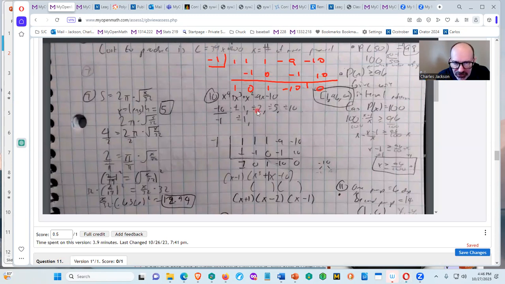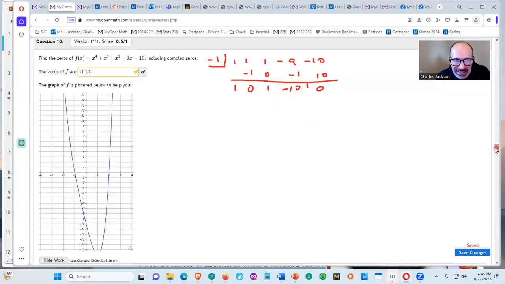Yeah, and there's the 2, which tech is indicating is likely 0. Now we don't just take it as gospel because it is tech. This is a math class, so we're going to confirm it algebraically.